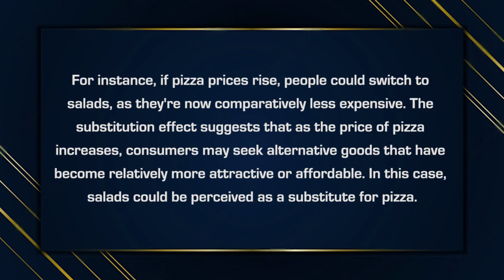For instance, if pizza prices rise, people could switch to salads as they are now comparatively less expensive. The substitution effect suggests that as the price of pizza increases, consumers may seek alternative goods that have become relatively more attractive or affordable. In this case, salads could be perceived as a substitute for pizza.